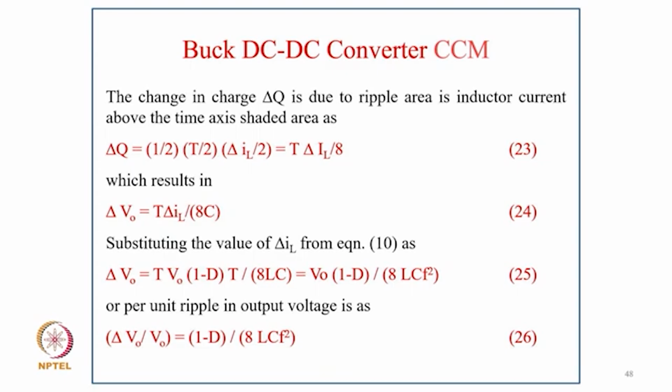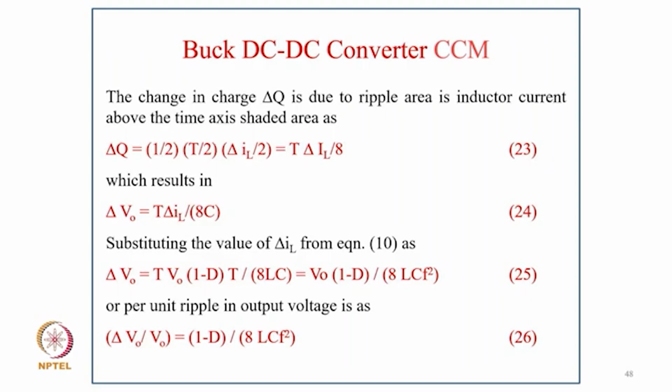So the change in the charge delta Q is due to ripple area in the inductor current above the time axis, the shaded area. So delta Q equal to half into T by 2 into delta IL by 2, that is equal to T into delta IL by 8, which results in delta V equal to T delta IL upon 8C, and substituting the value of delta IL, delta V equal to T V0 (1 minus D) T divided by 8LC, or V0 (1 minus D) upon 8LC F square.